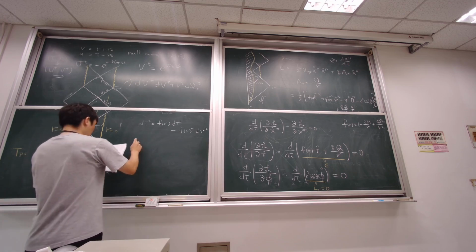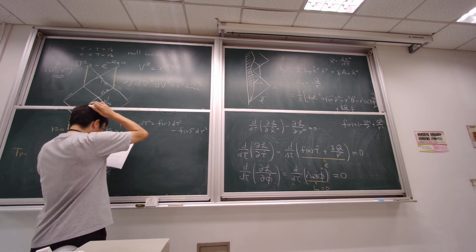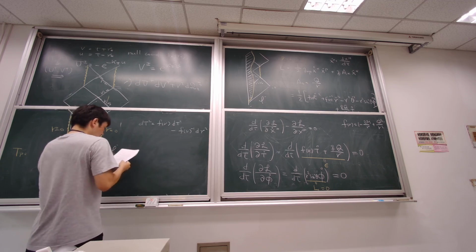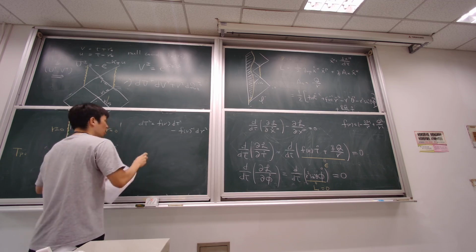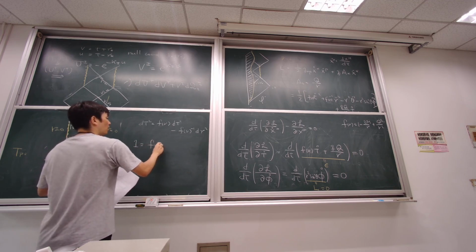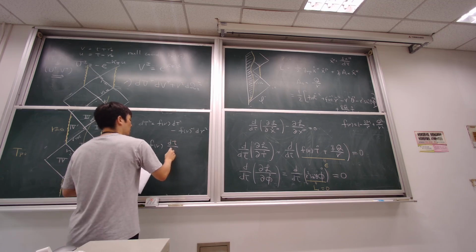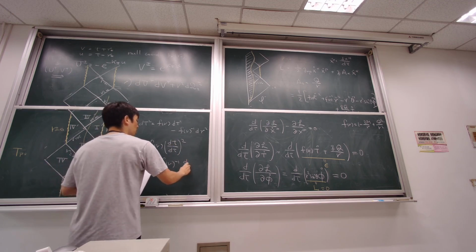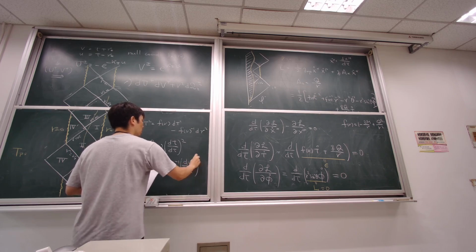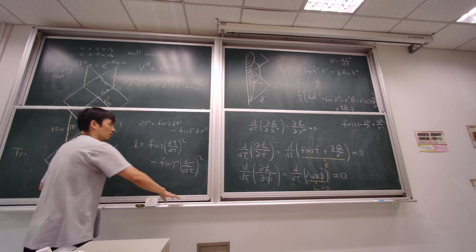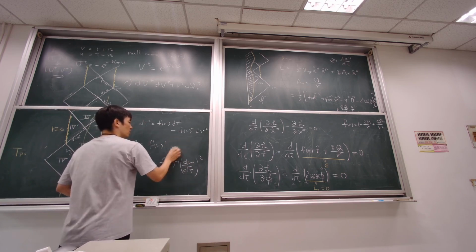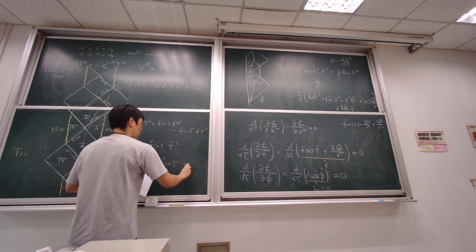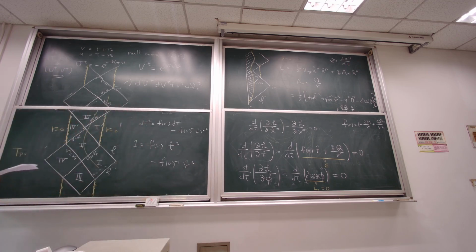And take the derivative with respect to tau square. What you get is as follows. So 1 is equal to f of r times dt d tau square minus f of r inverse dr d tau square. And I call this t dot, and this r dot, so t dot square and r dot square.